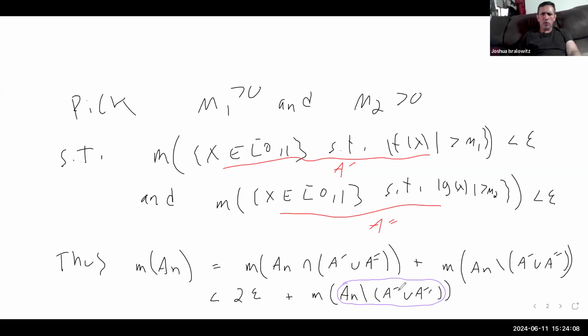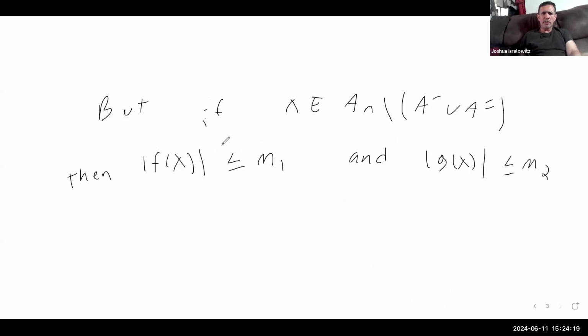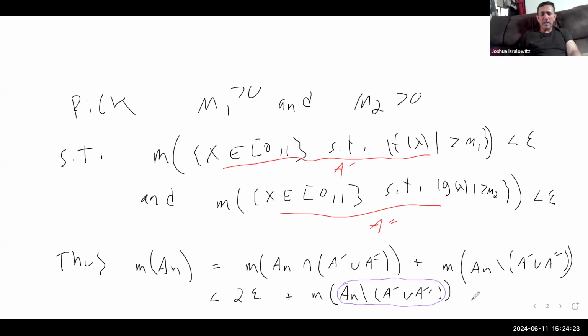And because F and G are both bounded on this purple circled set, bounded by M1 and M2, that's going to make it possible. So is it okay what I'm doing so far?